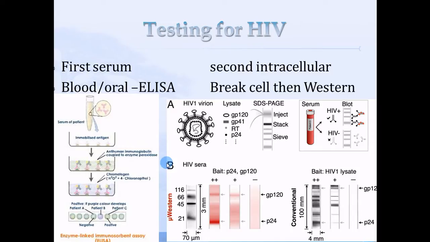How we test for this, we can do it 2 ways. We take a blood serum test, so we can take some of your blood. We do an ELISA test where they'll take this little well and they'll put HIV along the walls of the well, just the antigen, so not actually infective HIV, but they'll take the antigen and line it. They take your blood.